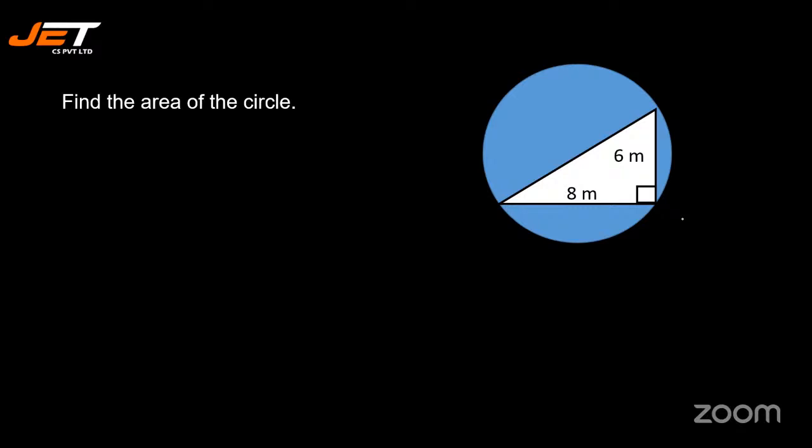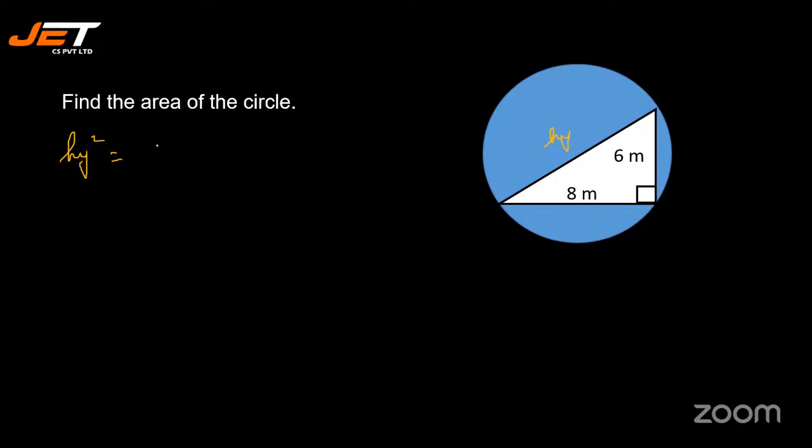So whenever a right angled triangle is inscribed in a circle, always the diameter coincides with the hypotenuse. Right? So the radius of the circle will be half the hypotenuse. Okay. So what is half the hypotenuse here? Let us take the hypotenuse as h.